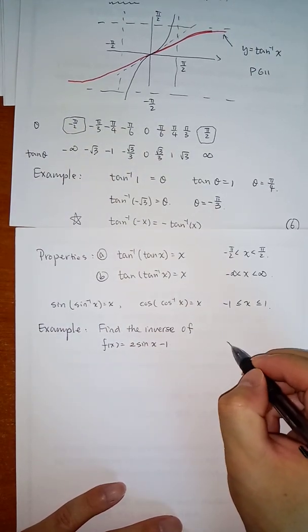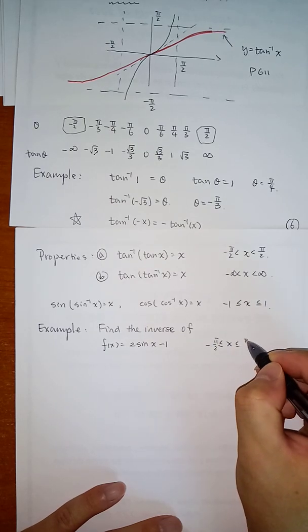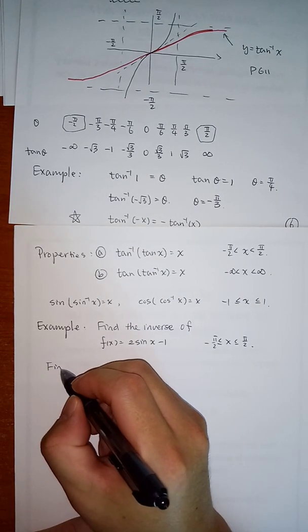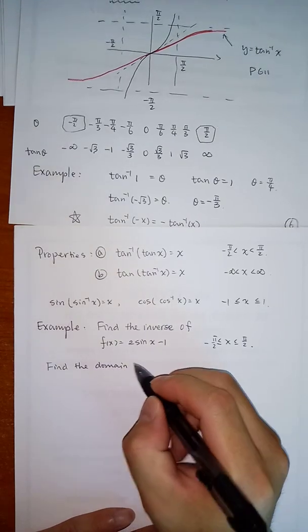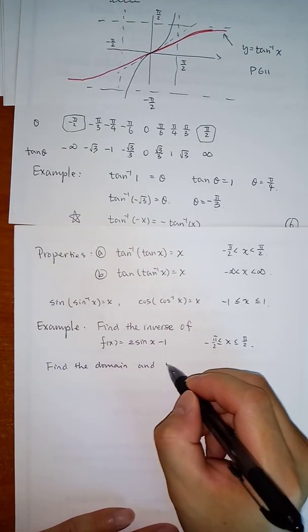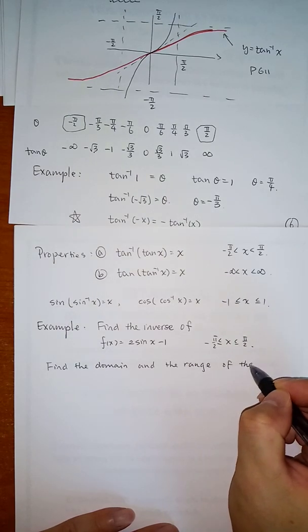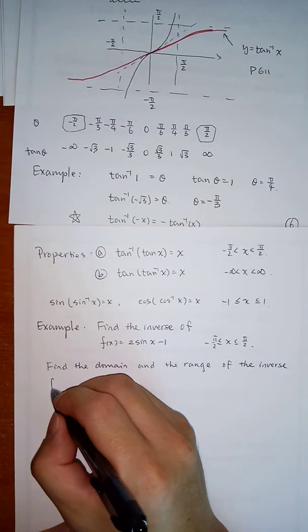Here x is between negative pi over 2 and positive pi over 2. Find the domain and the range of the inverse function.